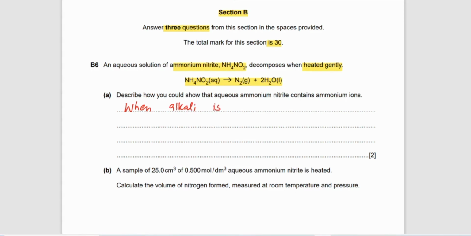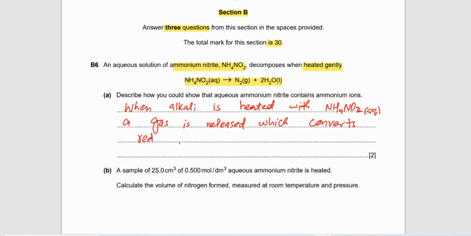Strong alkali is heated with NH4NO2 aqueous. A gas is released which converts red litmus paper blue.